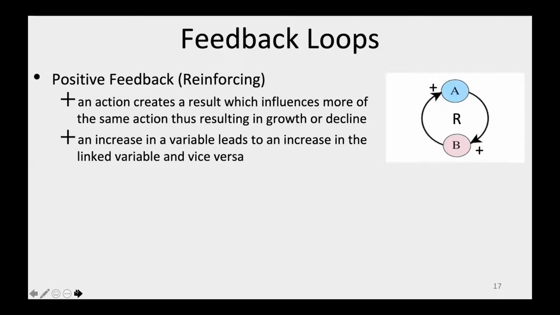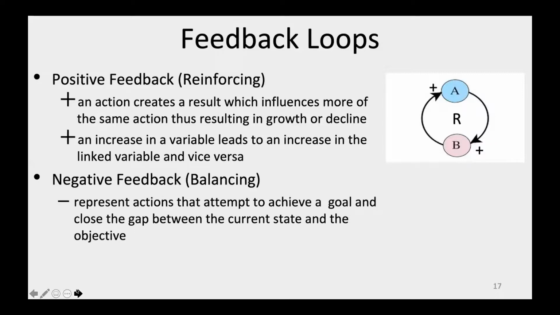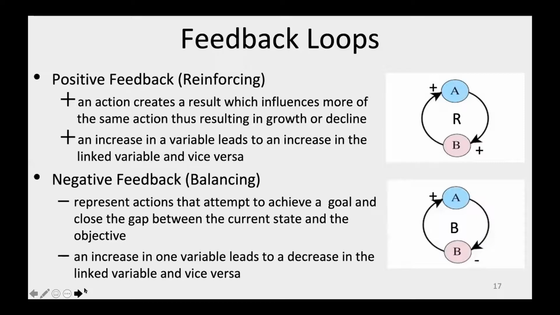The second type of loops is a negative feedback loop, or another naming is a balancing feedback loop, where an action that attempts to achieve a goal, to close a gap. I'm good at explaining things with diagrams, not with words. If I see an increase in one variable actually leads to a reduction in another variable, as we have seen.